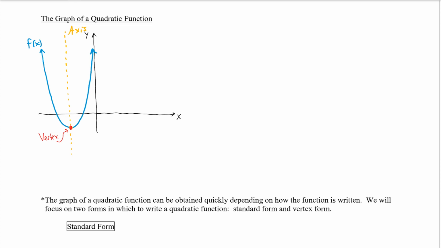But since it's a function of x, we could flip this. Remember our reflections, our transformations. We had two reflections, right? Flip over the horizontal axis or flip over the vertical axis. So you could have a parabola that has been flipped over the horizontal axis. So it could open downward.